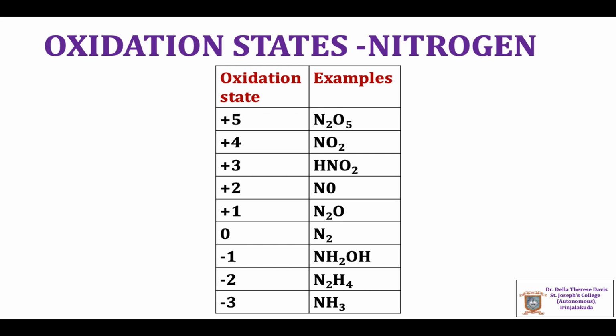In NO2, the oxidation state of nitrogen is +4. When combined with an electropositive element like hydrogen, the oxidation state of nitrogen is negative. In NH3, the oxidation state of nitrogen is -3. In NH2OH, the oxidation state of nitrogen is -1.